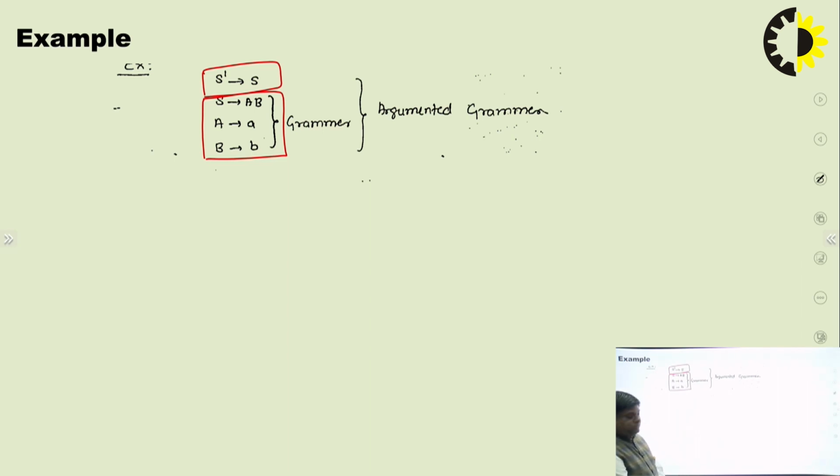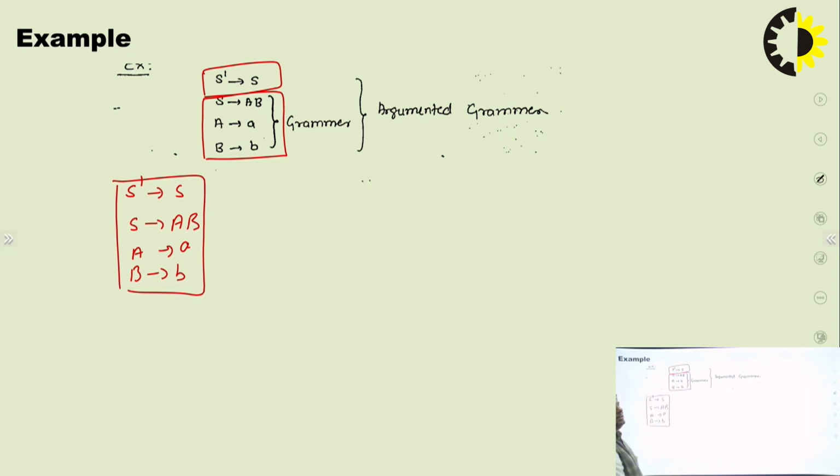Now, we create the augmented grammar: S' tends to S, S tends to AB, A tends to a, and B tends to b. Now, this is the initial state of the DFA. With the help of the augmented grammar, we design the canonical items and also design the DFA of this machine.